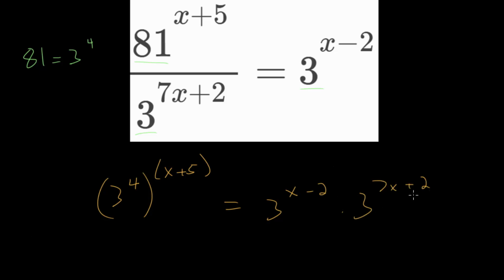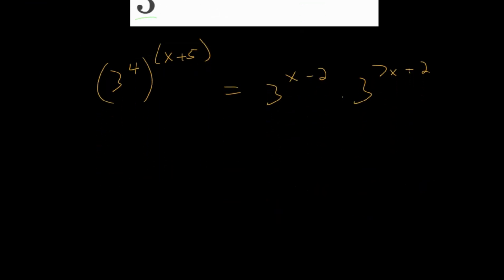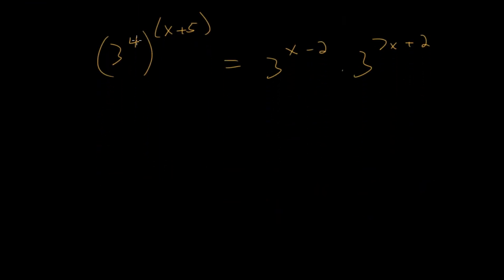Now from here, we just use exponent properties, and we can start on the left-hand side. Let me make some room here. Remember that when we have an exponent to an exponent, that we multiply. And in this case, since this is an expression, we will need to distribute the 4 to both of those terms.